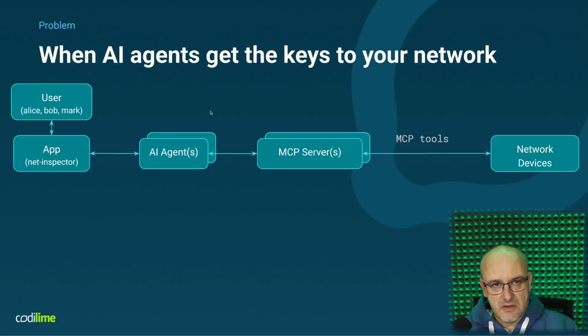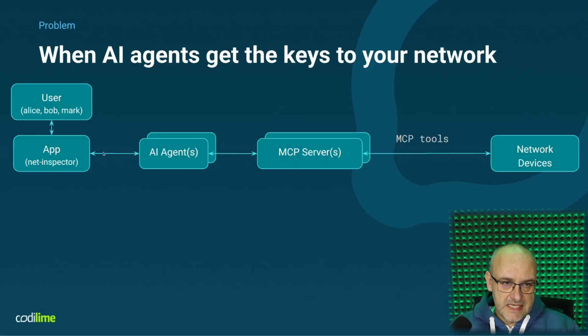Let me recall the problem that we would like to solve. In the era of agentic applications, network engineers would like to operate on network devices via applications, and those applications are using agents which are utilizing the tools offered by various MCP servers.